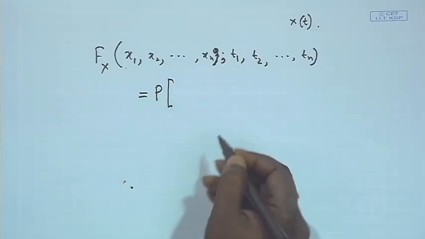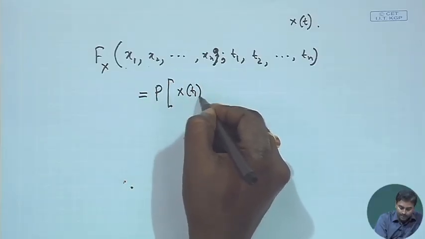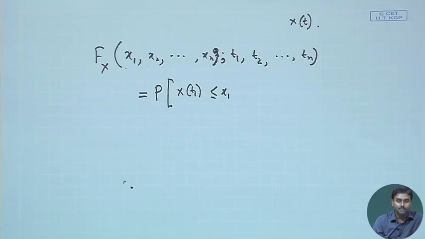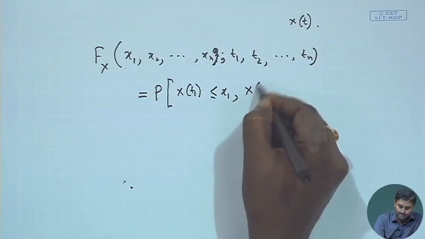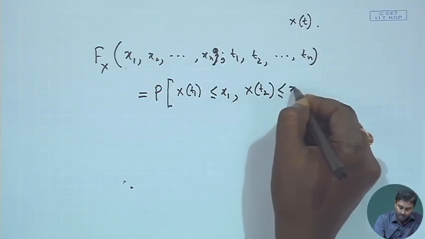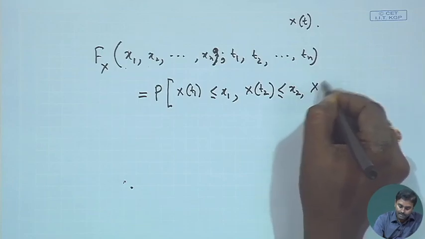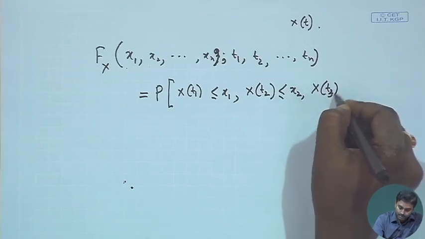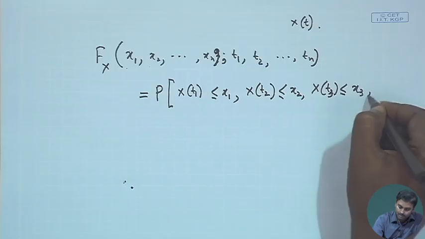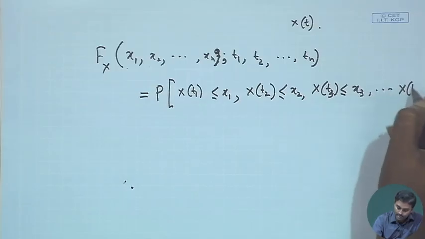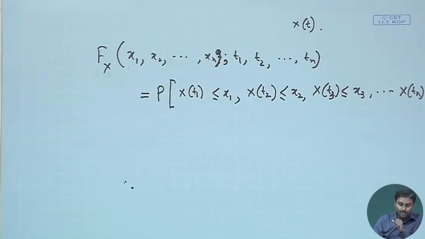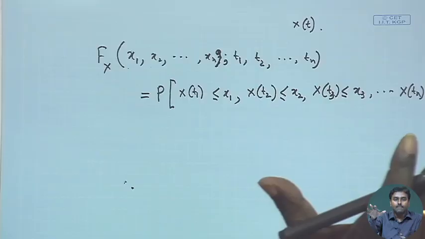So, this will specify my probability that x at t1 is less than or equal to x1, comma x at t2 is less than or equal to x2, and x at t3 is less than or equal to x3 and so on, x at tn less than or equal to xn. So, if I can characterize this entire probability, then only I know that the entire random process I have captured well, which is a daunting task.